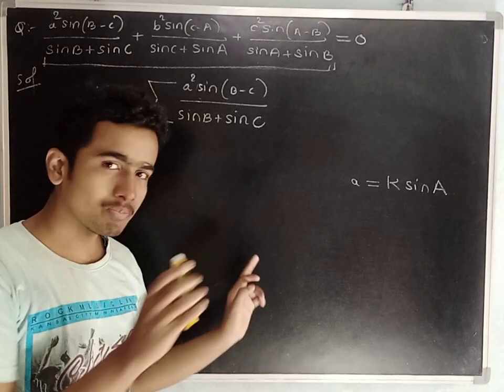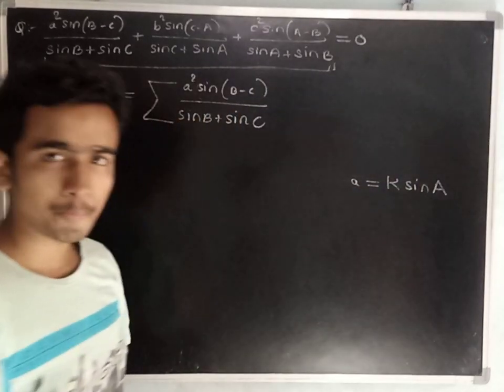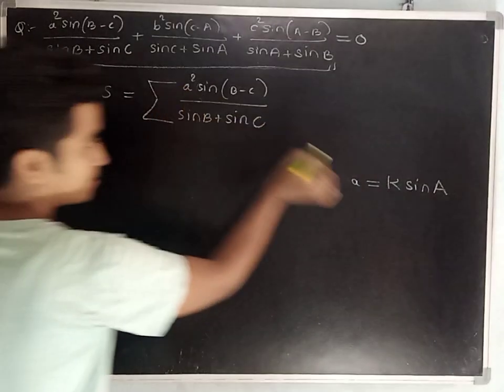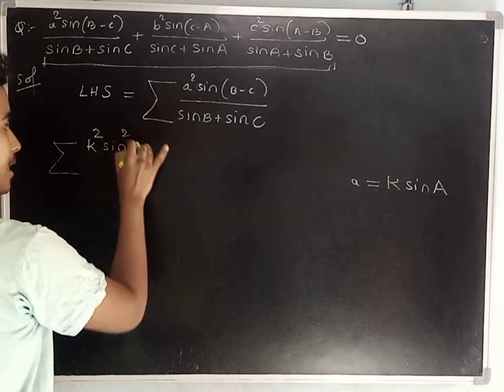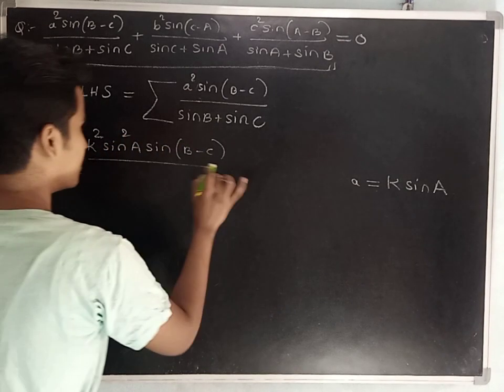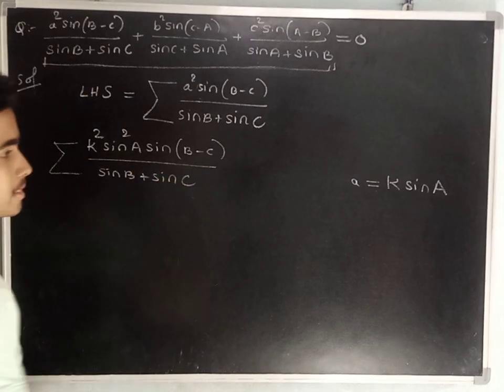If we keep these three terms equal to k as constant, a is going to be k into sin a. Sigma, let me put this here: k square into sin square a into (sin b minus sin c) by (sin b plus sin c).